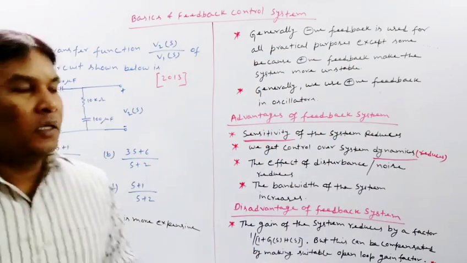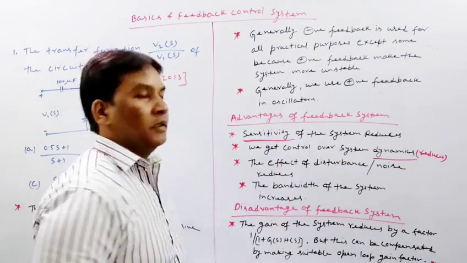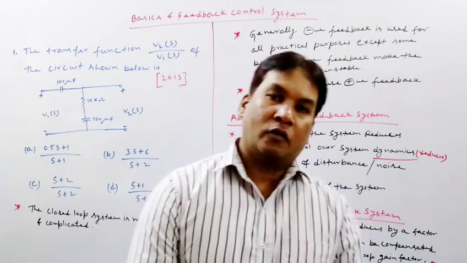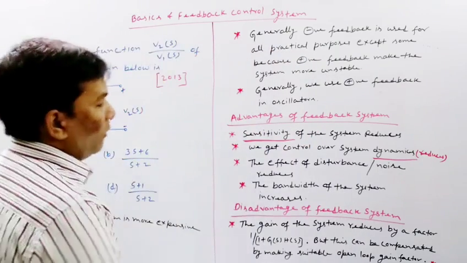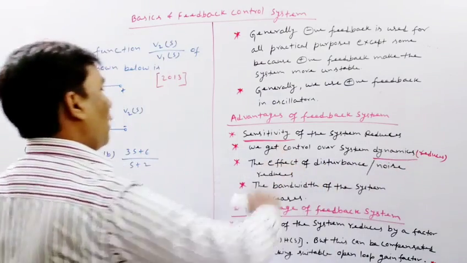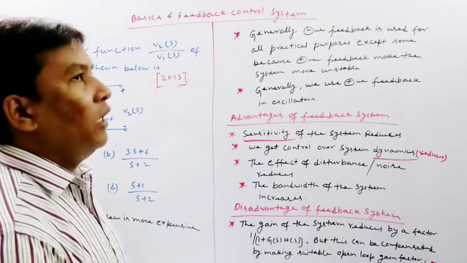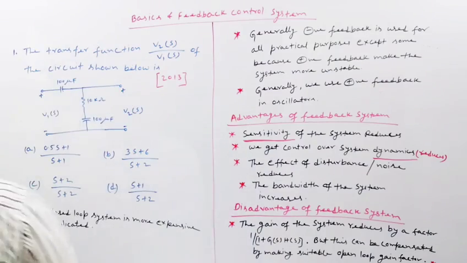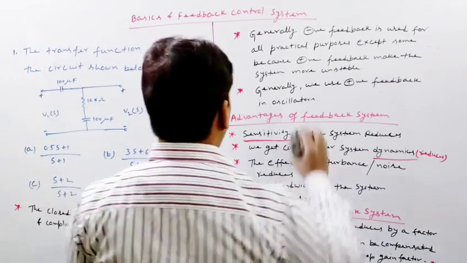So by use of feedback, the system dynamics reduces. So now you have understood what is system dynamics and what is sensitivity. Let me define the term sensitivity. What is called sensitivity?